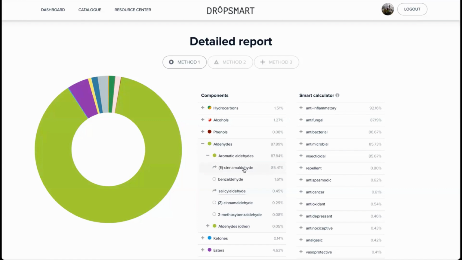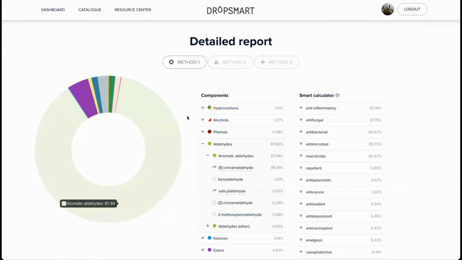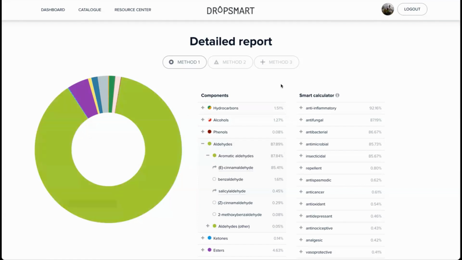So that's the trick. When you are looking at these specific groups, you want to be able to recognize which one you're talking about. For aldehydes, it's quite important that I know which one I'm talking about. And it's actually just 3 or 4 that you need to know, 3 tops, and you're going to cover many oils with that. We go in depth in the next level in one of my courses about that.